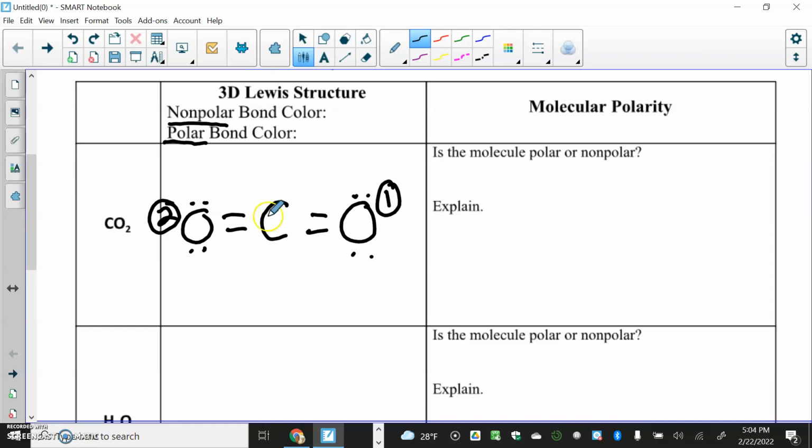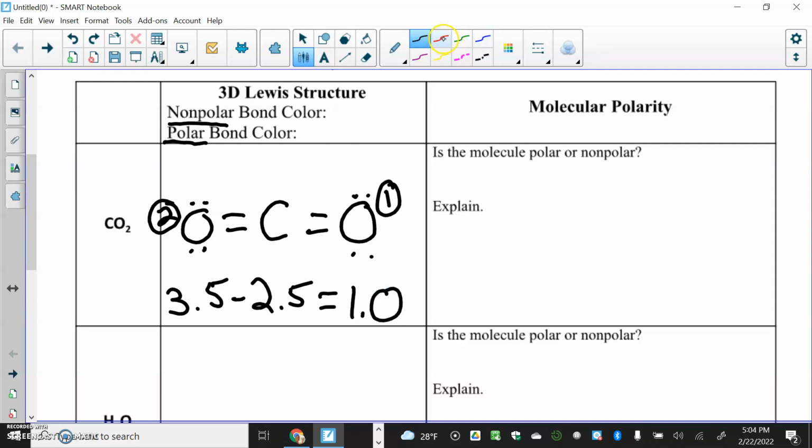So a carbon to oxygen bond, oxygen has an electronegativity of 3.5. Carbon has an electronegativity of 2.5, giving me an overall difference of 1.0. Now, this falls within 0.5 to 2.0. Okay?